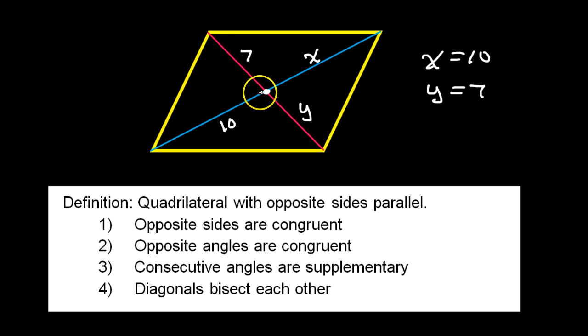Now, when it's a rectangle, the diagonals will be congruent. But if you have a parallelogram that's not a rectangle, you're going to have a long diagonal and a shorter diagonal. In this case, 20 and 14.